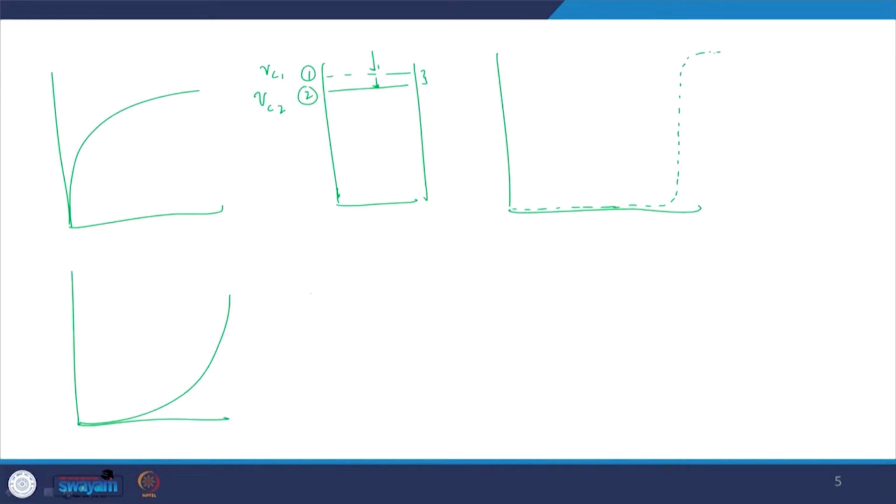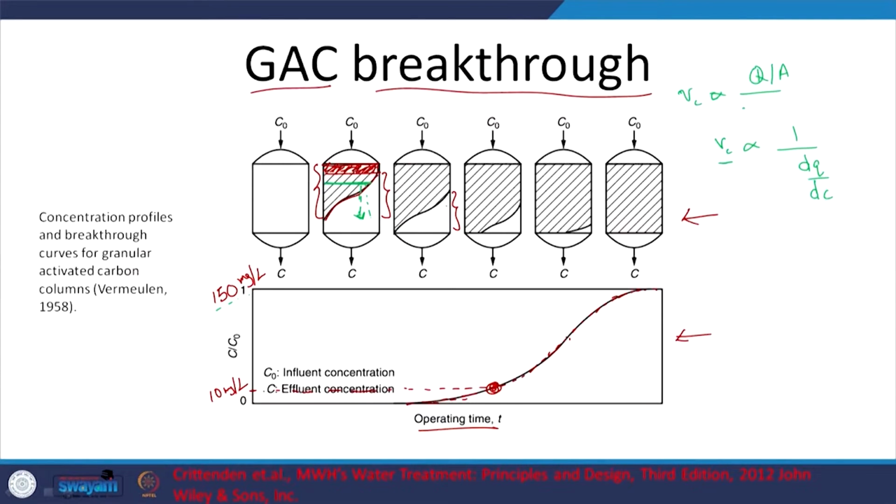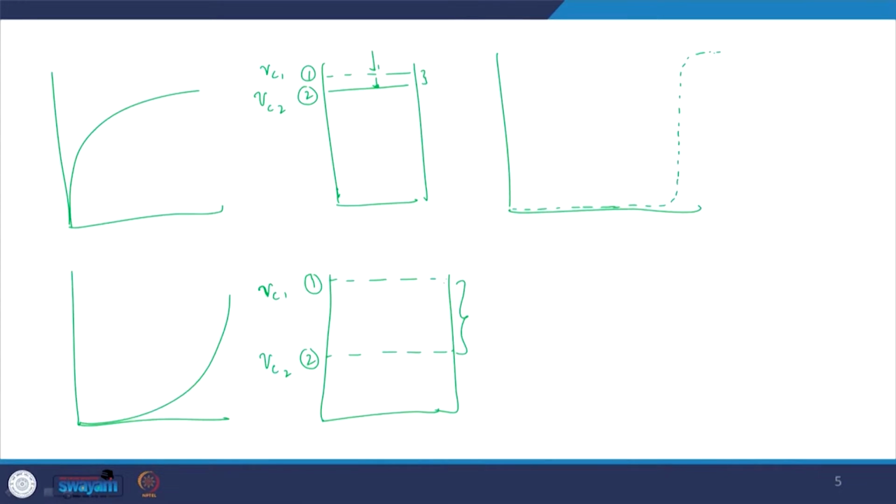But in this case, you can look at the slope: Vc1 is relatively slower, Vc2 is relatively faster. Again, look at the relevant slope at the different cases. So, what does that mean? I am going to have a shape where the mass transfer zone is like this, similar to what we had here.